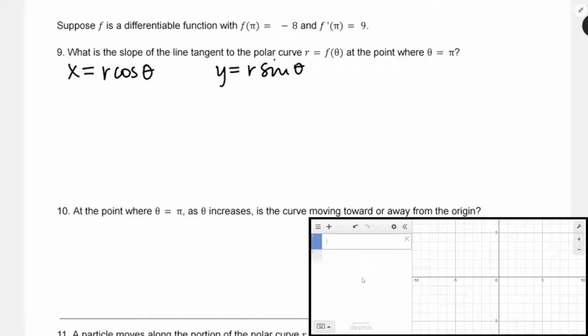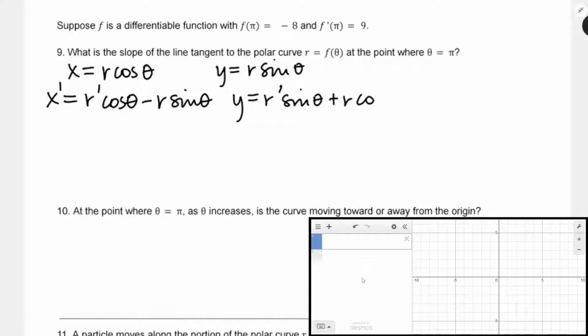So I'm just going to say x prime is going to equal r prime cosine theta minus r sine theta, because then we're just going to plug in these values. And then y prime is going to be r prime sine theta plus r cosine theta.